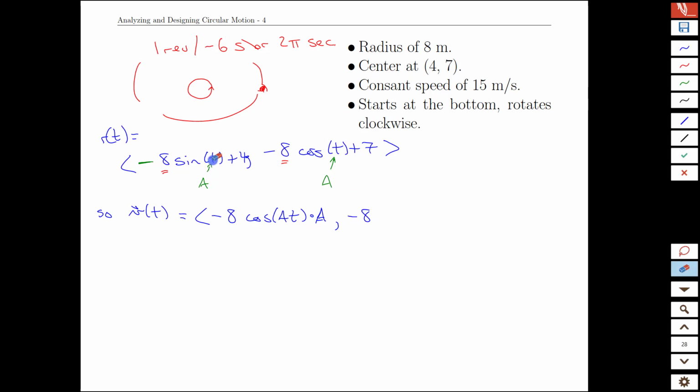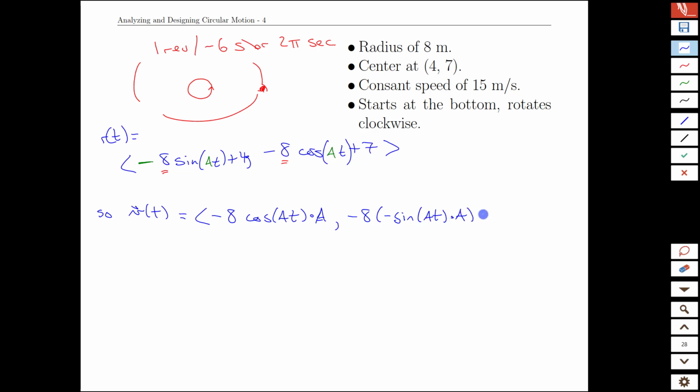In fact, let's write this even more explicitly, so your intuition around derivatives makes more sense. So at is hiding inside the sine function, and at is hiding inside the cosine as well. That will give us minus 8 when we differentiate minus sine of at times a.